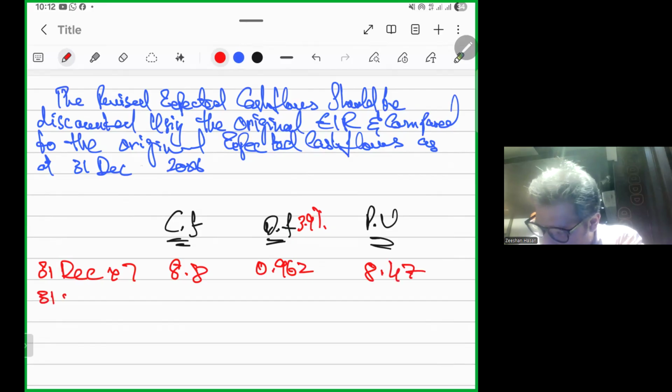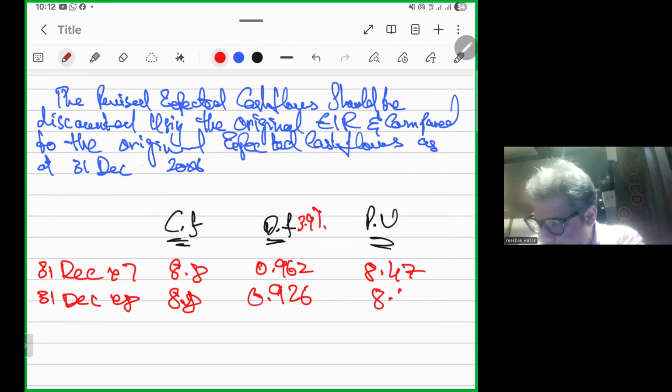For 31st December X8, for 8.8 million, 0.926 and our present value is 8.515 million. These are all in millions.